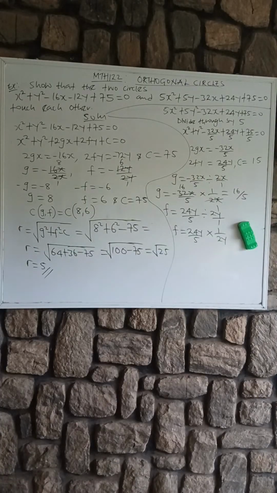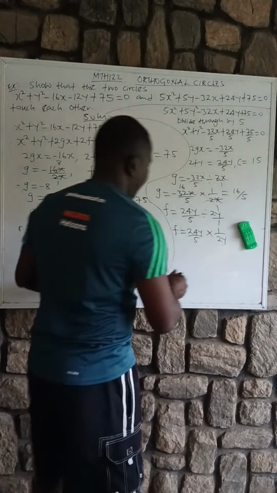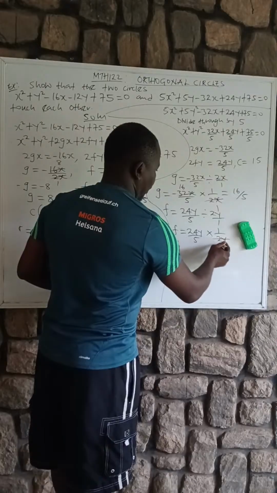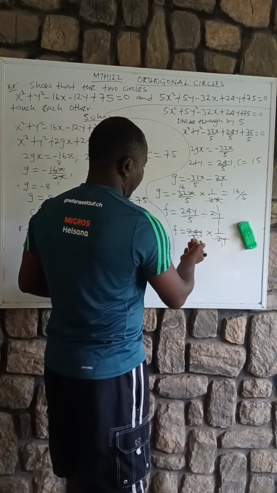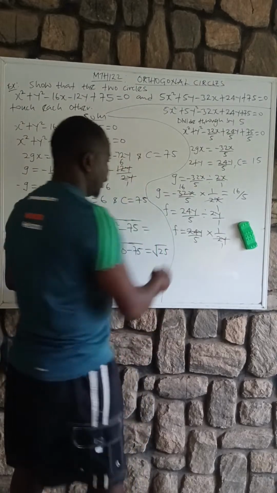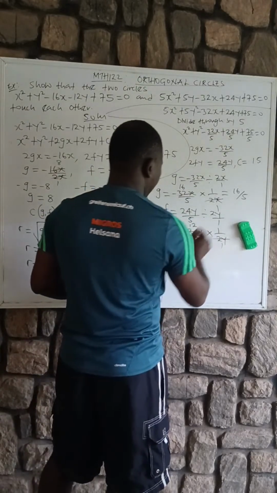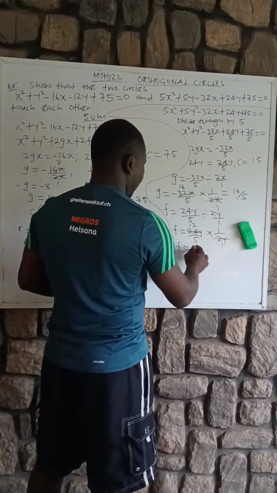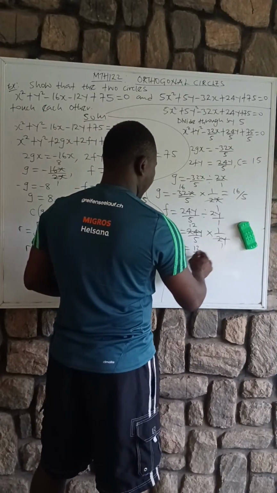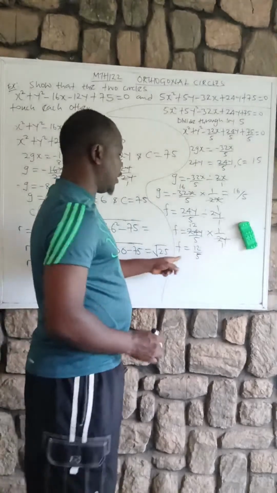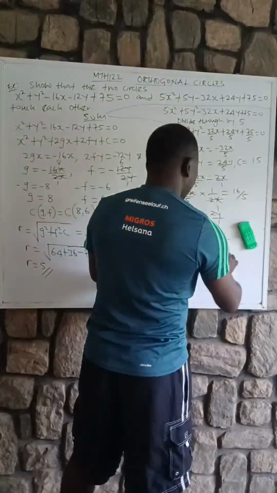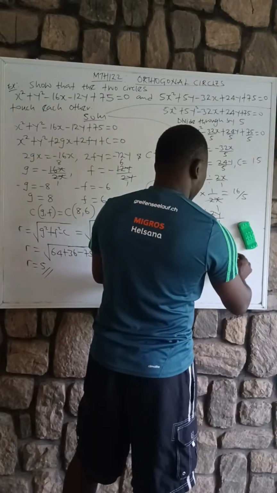Do you understand, right? So this implies that 2y cancels itself, and 2 into 24 is 12, right? So our F is equal to 12 all over 5, and G is equal to 16 all over 5.